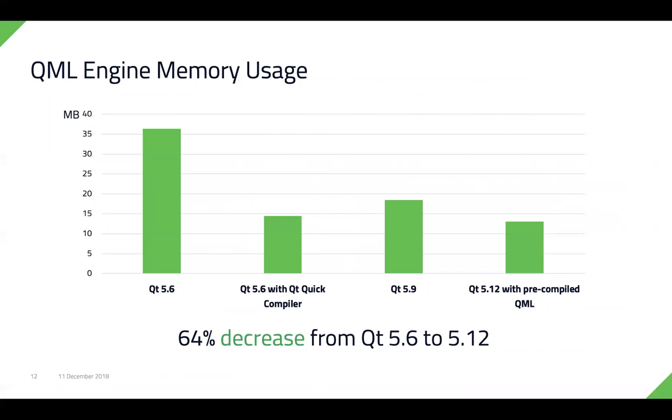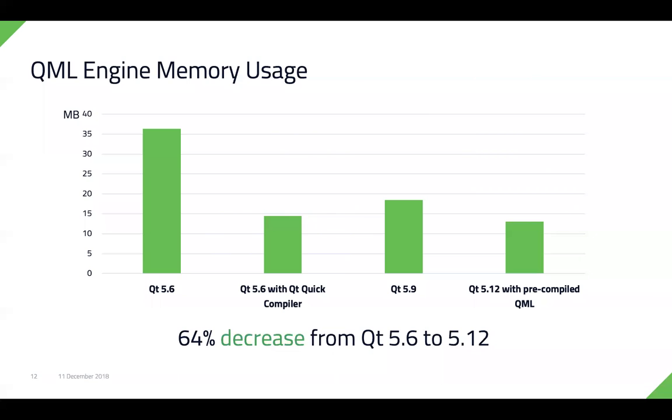Here you can see, for example, the memory usage of the QML engine itself and how that has been developing over the Qt releases. While we were using a bit more than 35 megabytes of memory in Qt 5.6, we have gotten that down to around 13 megabytes for Qt 5.12.